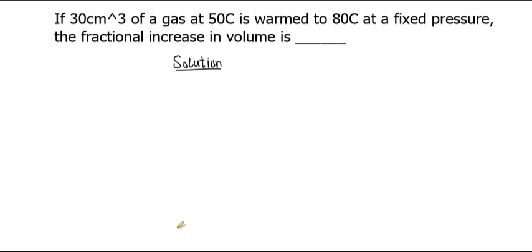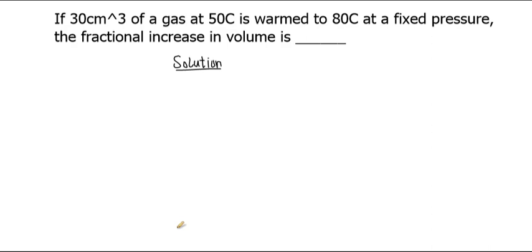Another thing is that we are being asked to calculate the fractional increase in volume. So now we do not know the final volume yet. To get the fractional increase in volume, the first thing we are going to do is to calculate the new volume, that is the final volume of the gas when the temperature is changed.